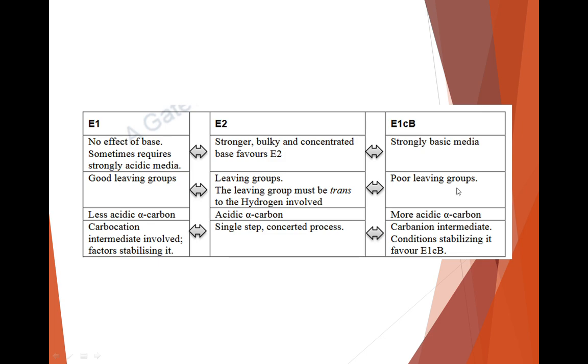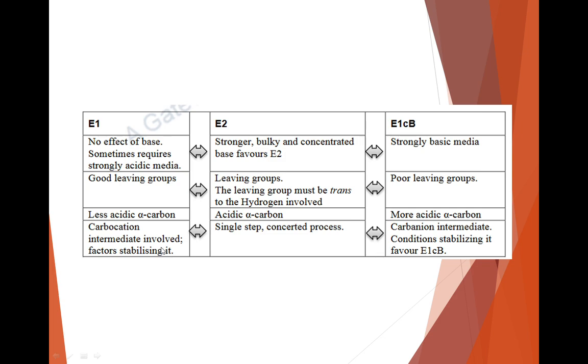And the acidity of the alpha carbon. Let us compare the acidity of the alpha carbon among the three elimination reactions. For E1, it is a less acidic alpha carbon, for E2, it is an acidic alpha carbon, and for E1CB, it is a more acidic alpha carbon. For the E1 reaction, the carbocation intermediate involved and the factors stabilizing it are the notable features.